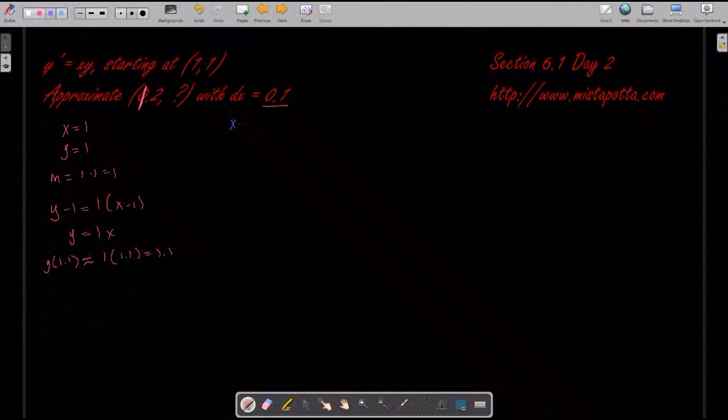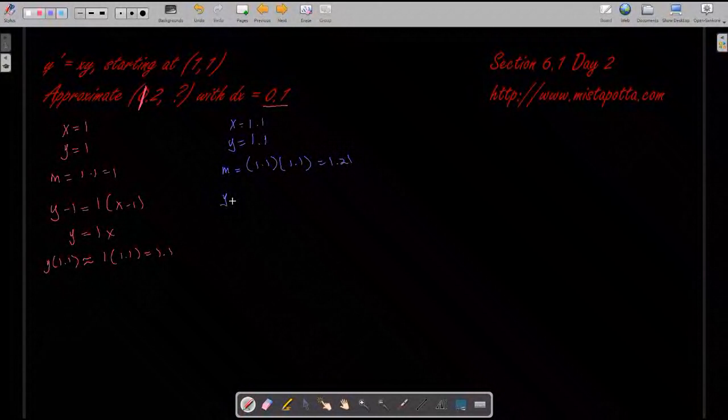The thing is, if x is 1.1, y from our approximation here is 1.1, and my slope is going to be x times y, which is 1.21. So my tangent line is y minus 1.1 equals 1.21 times x minus 1.1.